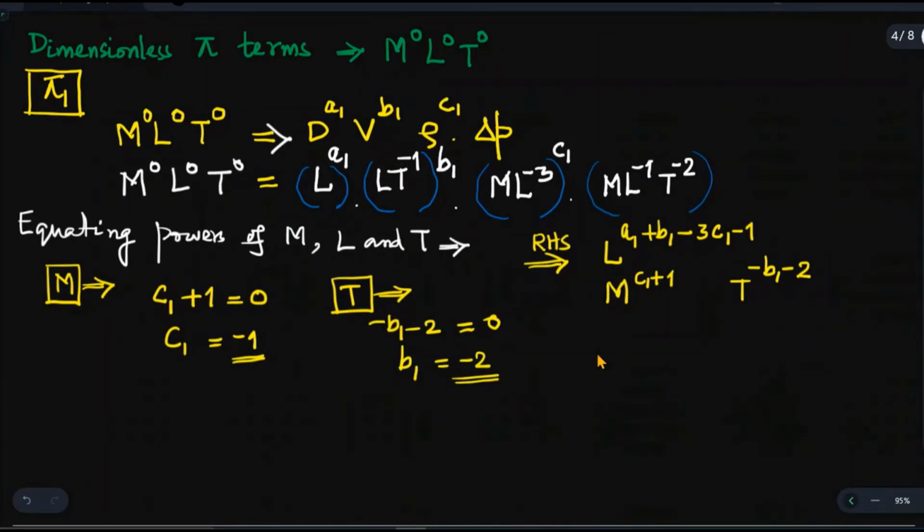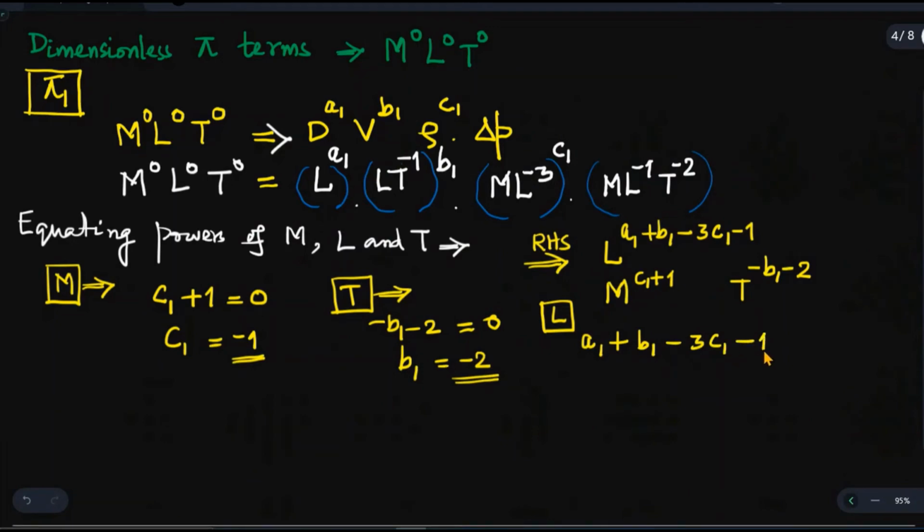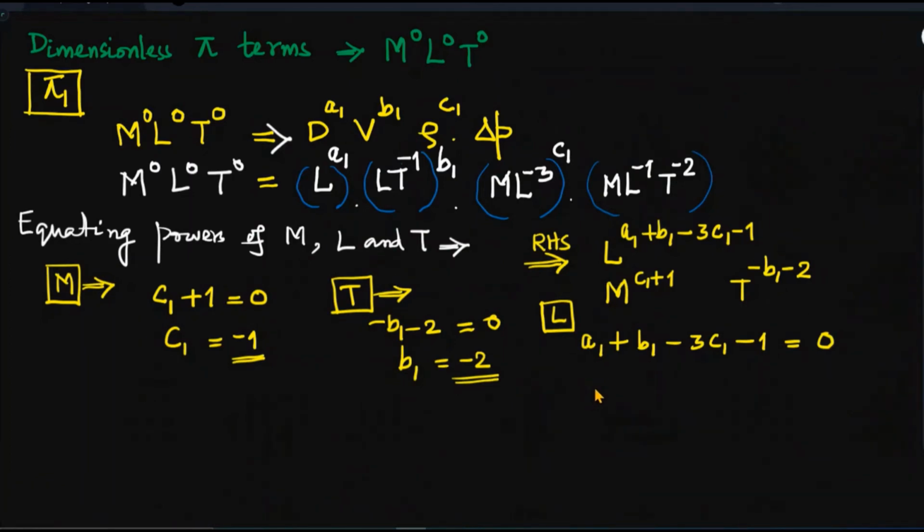Now for the last one, equating the powers of L. The indices of L on both sides: a1 plus b1 minus 3c1 minus 1 on the left hand side, on the right hand side it is 0. So you have to find out a1, and b1 is minus 2, so minus 2, then minus 3c1, minus 3 into minus 1, so that is plus 3, then minus 1, equal to 0.